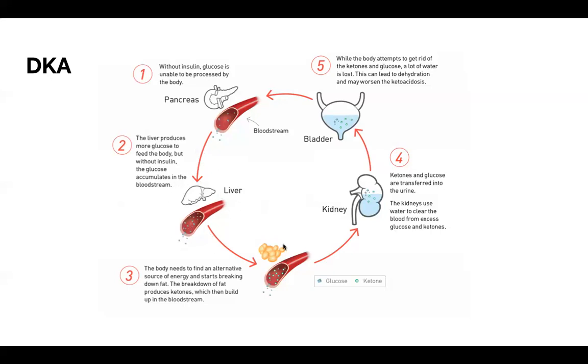The body then breaks down fat into ketones, which are mild acids, and because the fat breakdown has produced this, the kidneys then need to get rid of both the sugar and the ketones. Getting rid of the sugar and the ketones takes lots of water, and that's how patients end up in dehydration.